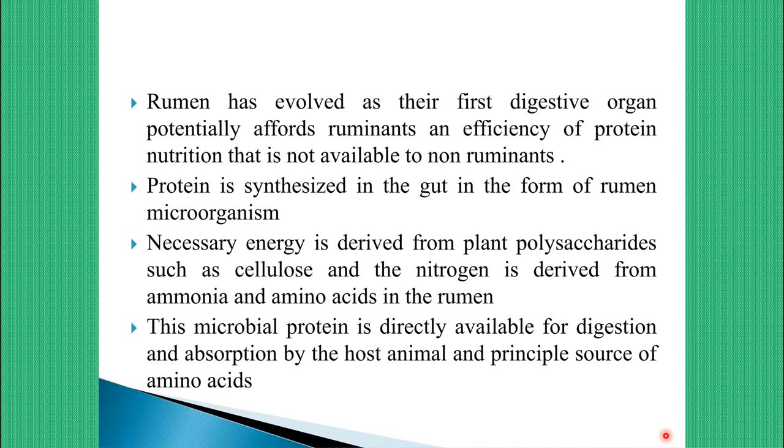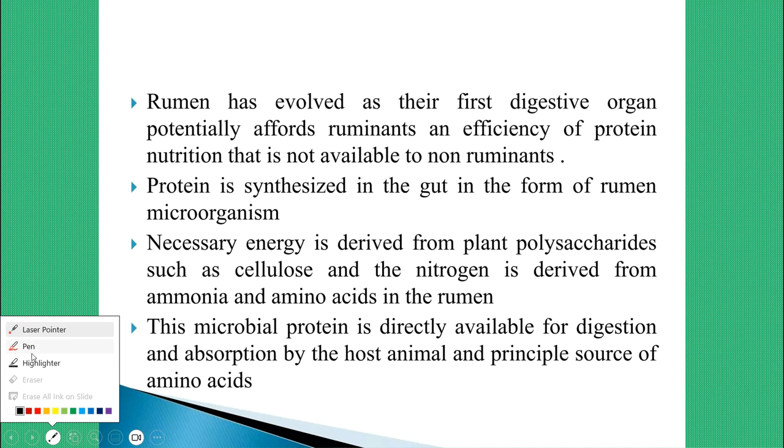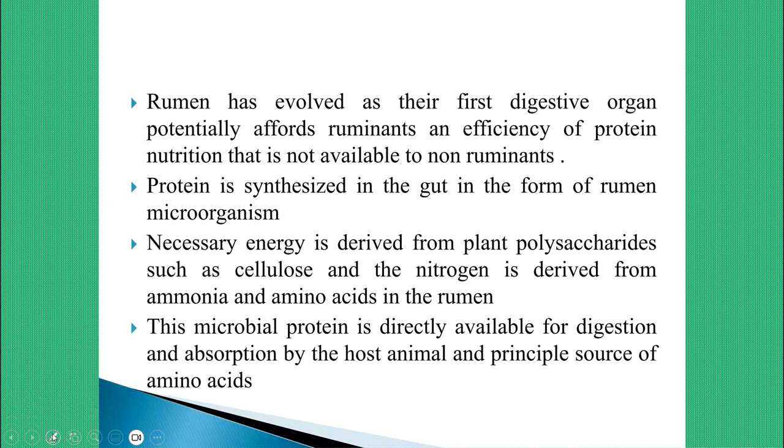The required energy is derived from plant polysaccharide, because plant proteins and polysaccharides are degraded by the ruminant microflora as cellulose, and nitrogen is derived from ammonia and amino acids in the rumen.